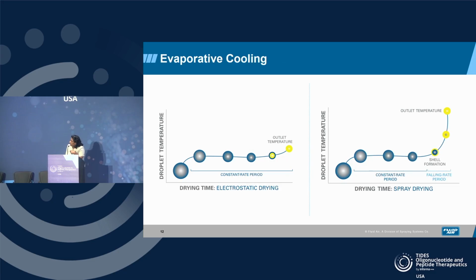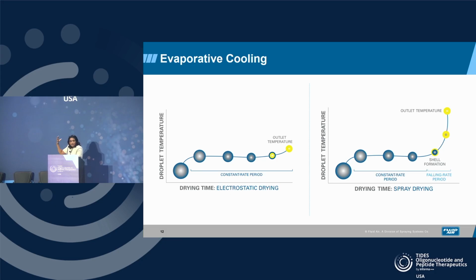This here shows the evaporative cooling process. The chart on the right is conventional spray drying, where, when the droplet is sprayed, the solids on the surface of the droplet are immediately dried to form a shell, thus trapping the moisture within the droplet. Right?